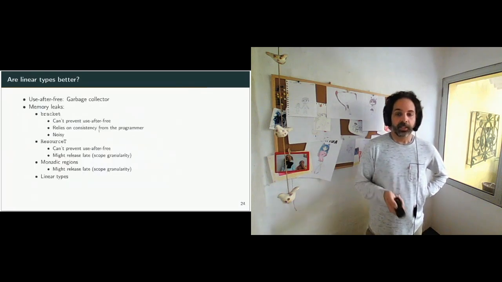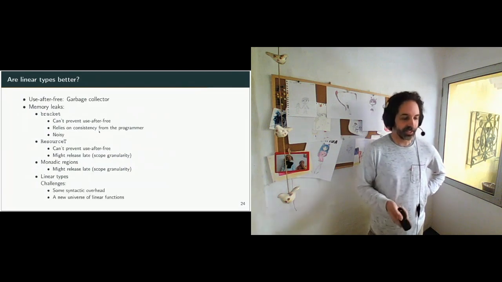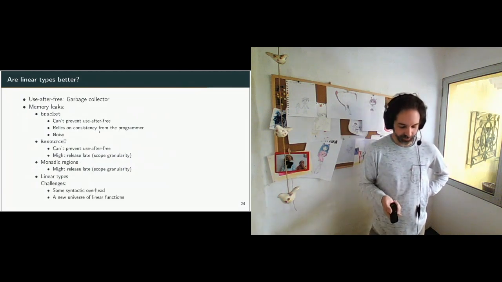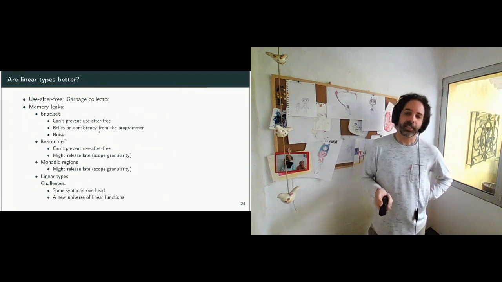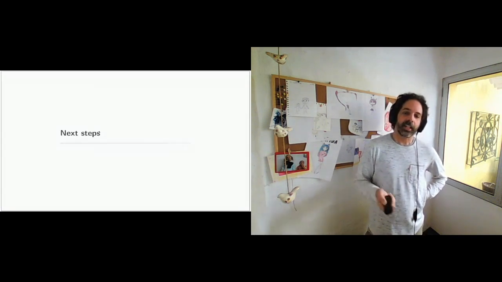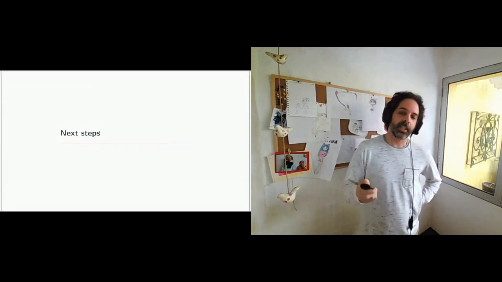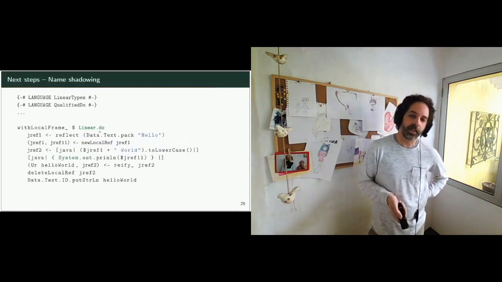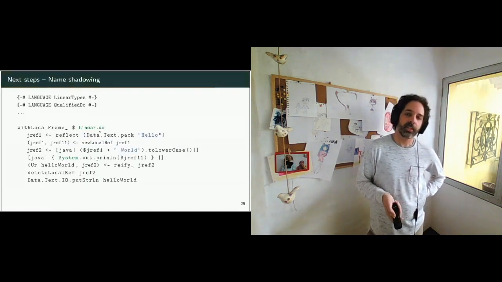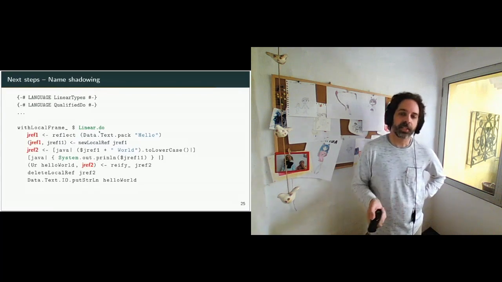But the best part is that there's plenty still to ponder and to have fun with, because there are ways to reduce the little syntactic overhead that we have. One bit of overhead is name shadowing.